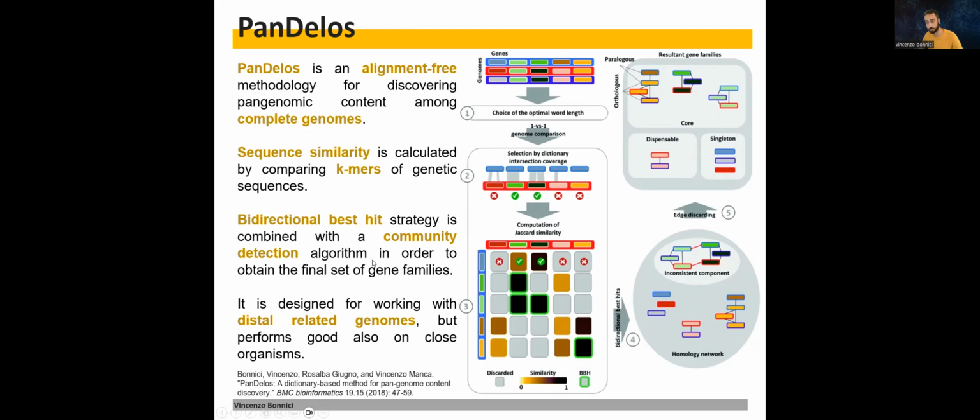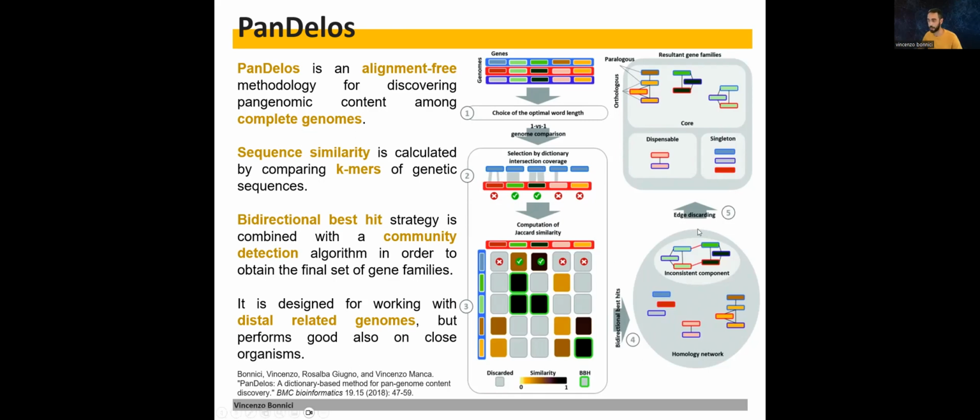I will give more detail about this in the next slides. PanDelos is mainly designed for working with genomes that are very distantly related to each other. It can also be applied to genomes that are evolutionarily close to each other, but it works well with the distant type of genomes.